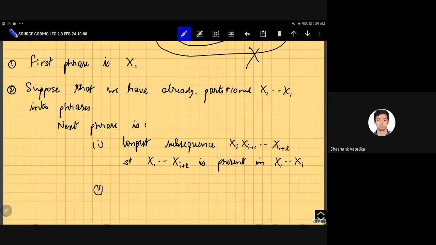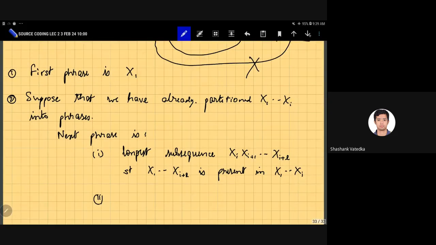Now it's possible that you don't see any match at all.